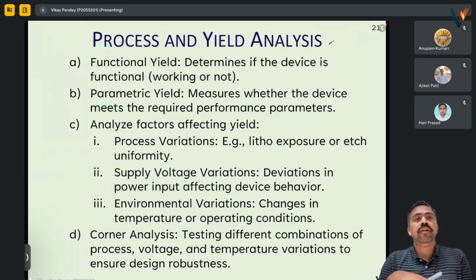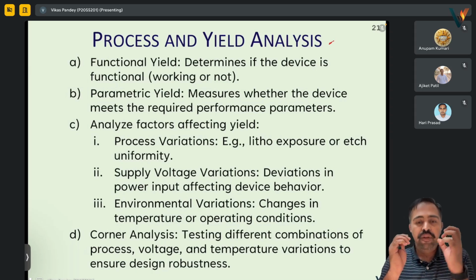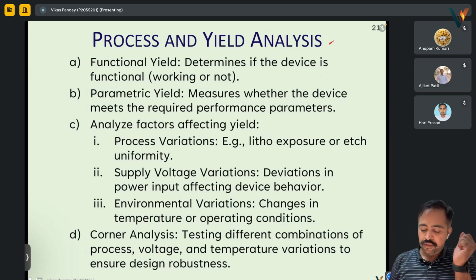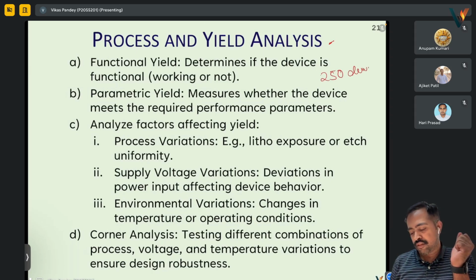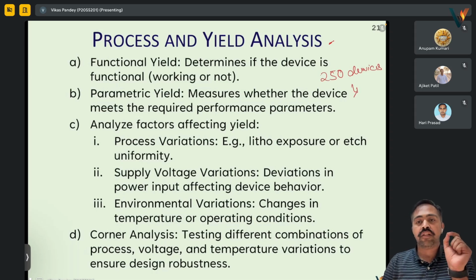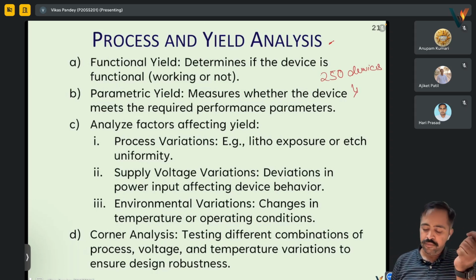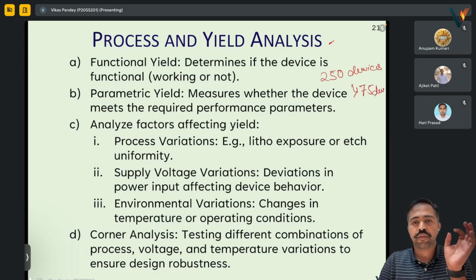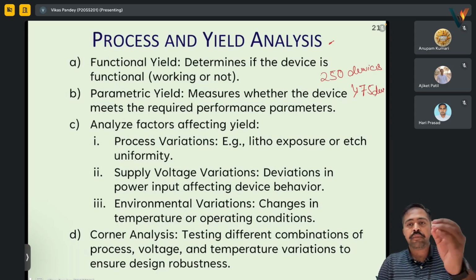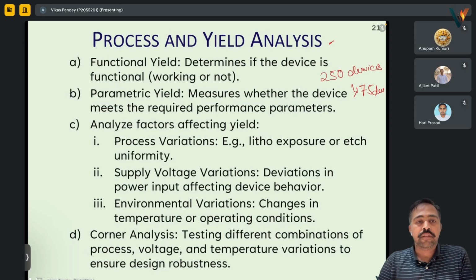That means we planned to make 250 devices. Out of this, how many are functional, working? Say we got 75 devices as functional. So we will say the functional yield is 75 out of 250 devices.